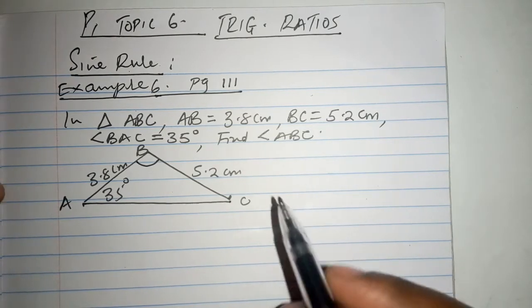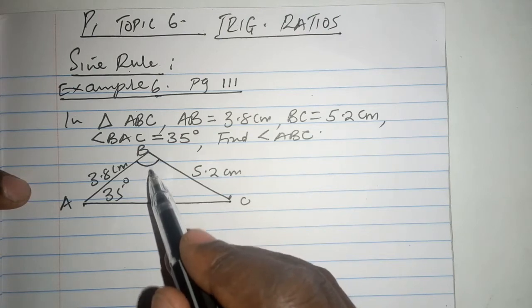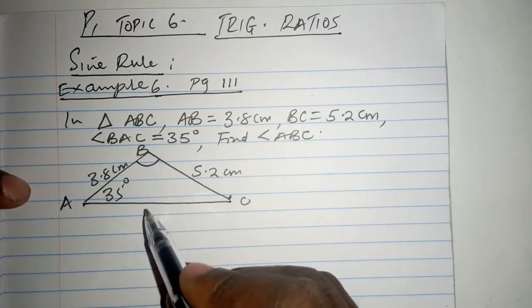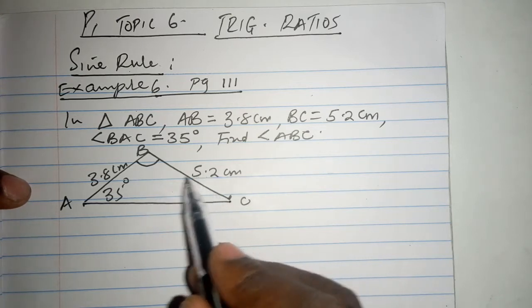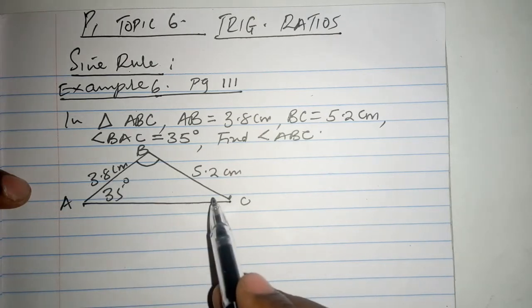And as much as you can see, this angle is what we're looking for, and we don't even have its opposite side. And that is not a problem. But we have this side and we have its opposite angle. We have this side, we don't have its opposite angle.